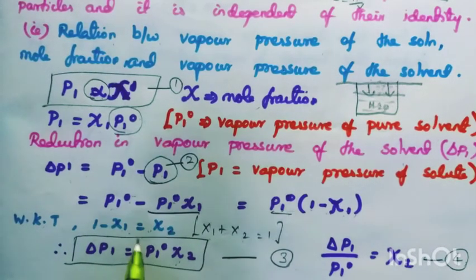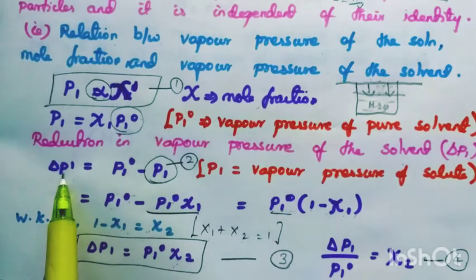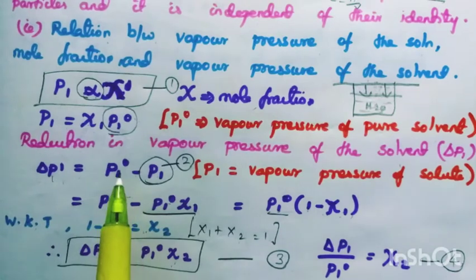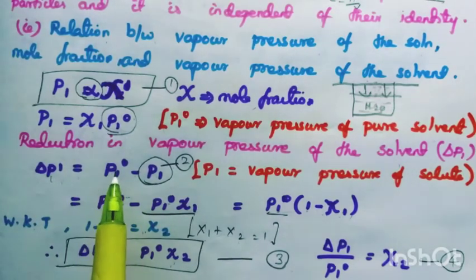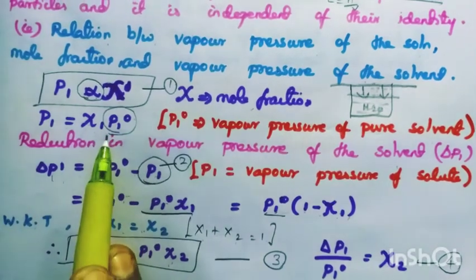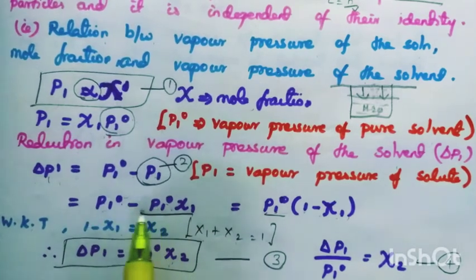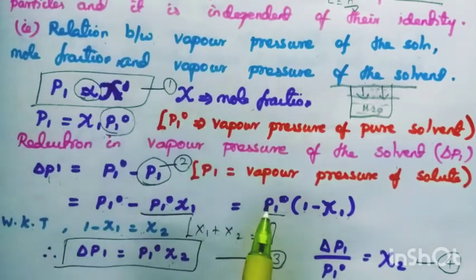What is that? The difference in the vapor pressure is equal to solvent minus solution. For P1 we know the relation X1 into P1 naught. P1 naught and P1 naught are the same, so take it outside.